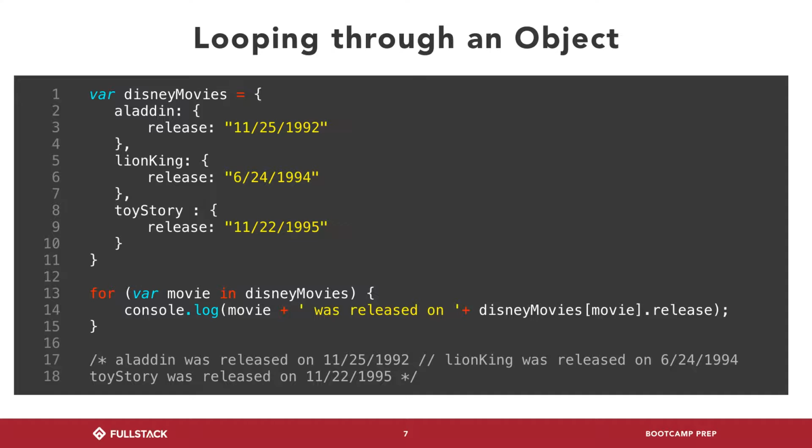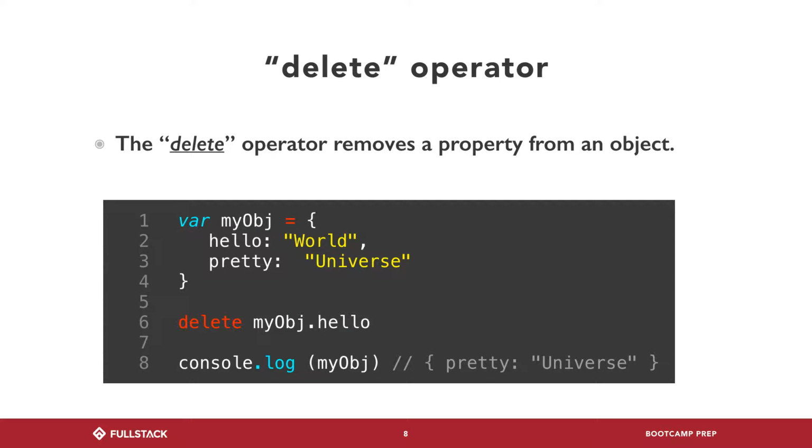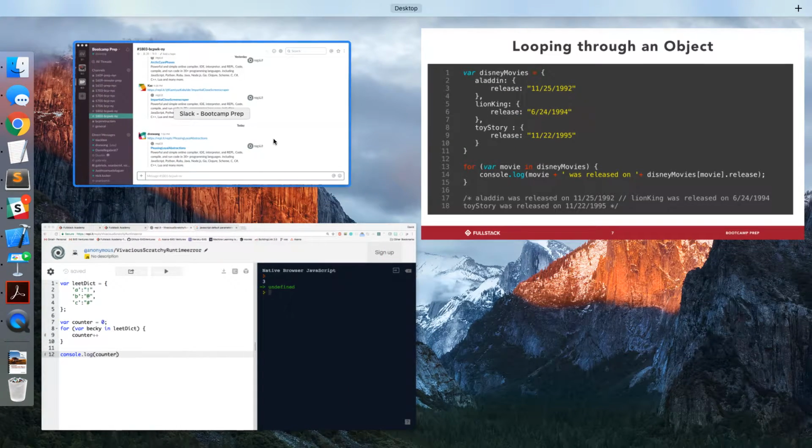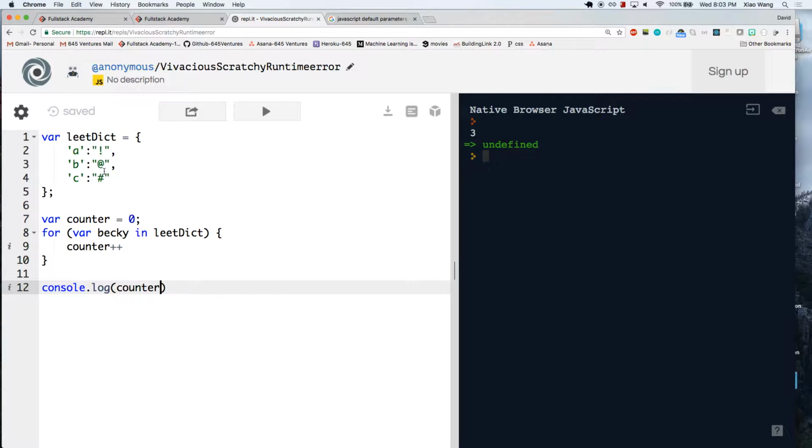Is that just because it's in an object, or are all object values considered strings? No, sorry. With an object, you have a key and a value. So if I go back to lead diff, the key is A, B, or C. The value is exclamation mark, at symbol, or pound sign.